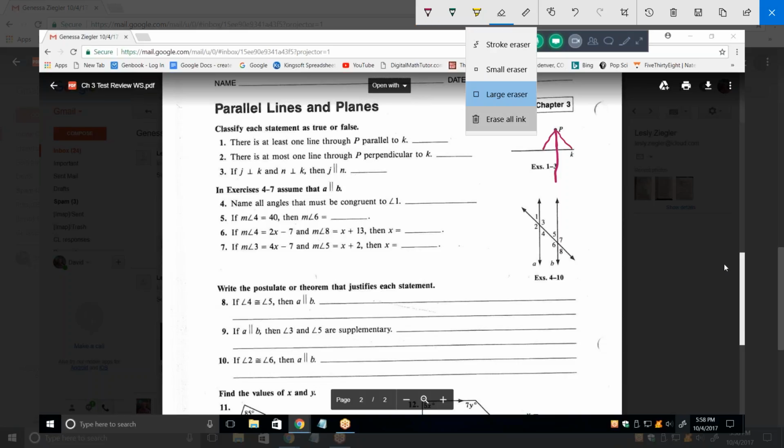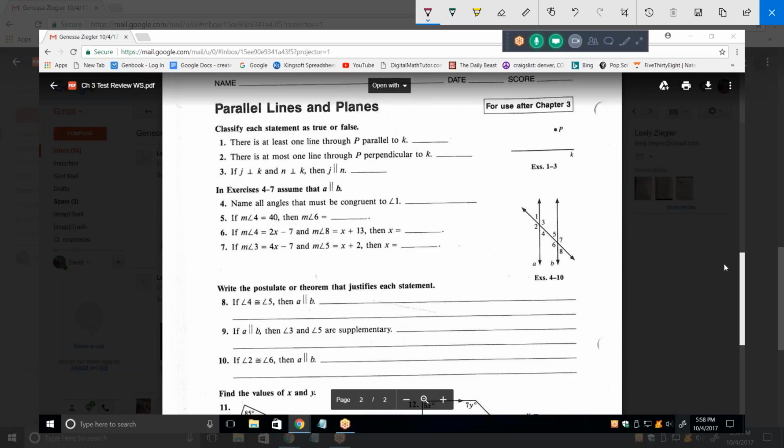So false. What's that? So the third one is false? No, second one is true. Notice what the words are. There is at most one line through P that's perpendicular to K. Yeah, and I found that to be true. There is only one line. There's not two. There is at most one.